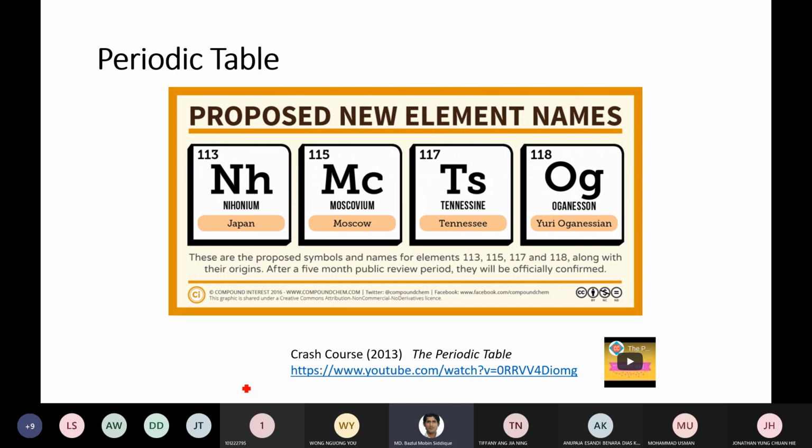Till today, 118 have been proposed. Not all of them have been found yet, or had their properties found, but it is not 105 anymore. But those after 105 have a very short life.